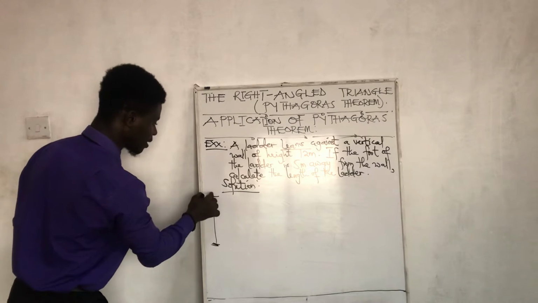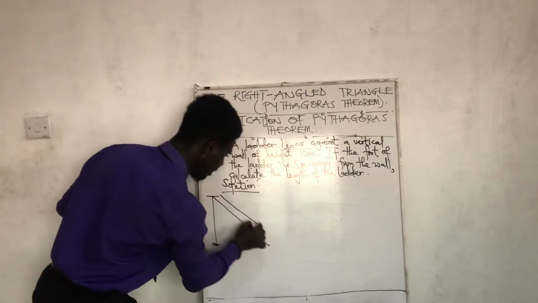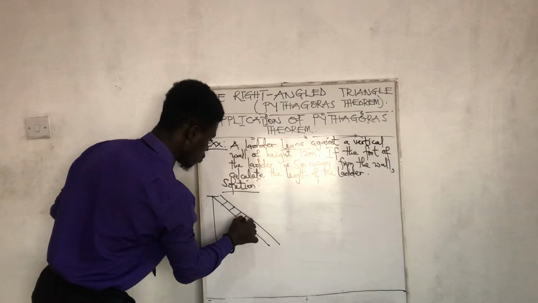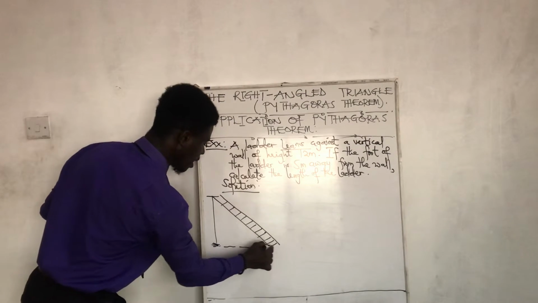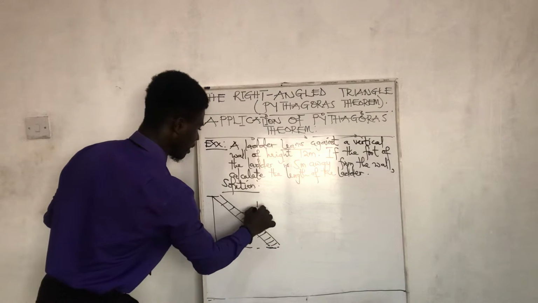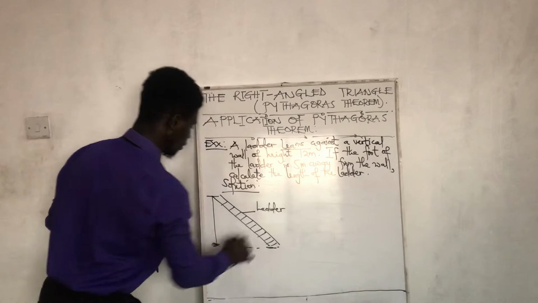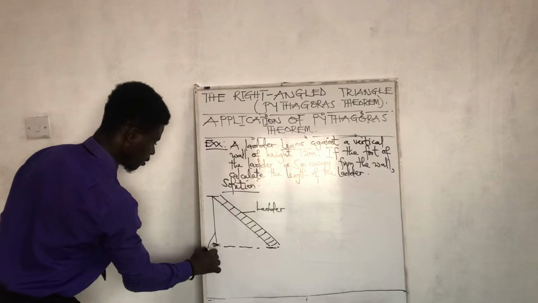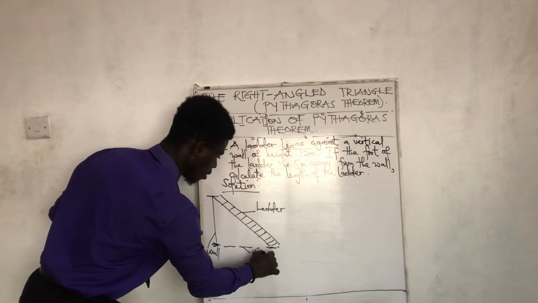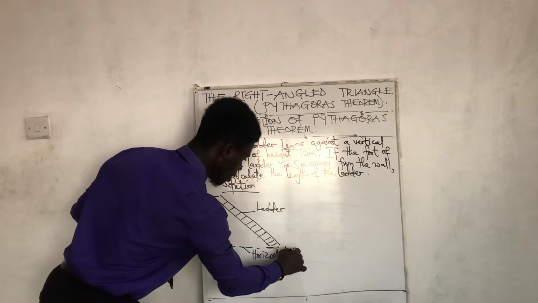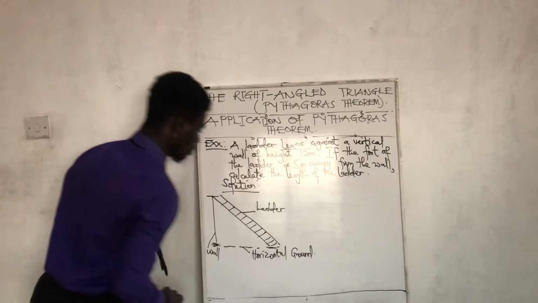So we have this ladder which is leaning on the wall. Then we have the horizontal ground. So this is my ladder, and we have the wall. Then we have the horizontal ground.